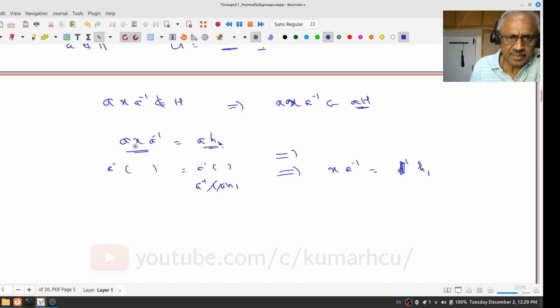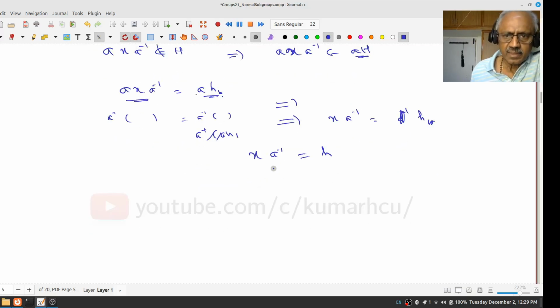Multiplying by A inverse on both sides, this will become A inverse into A will be H. The right side is H. Therefore X, A inverse is in H. Right? Now multiply on the right by A, that means X, A inverse A equals HA. This is identity.